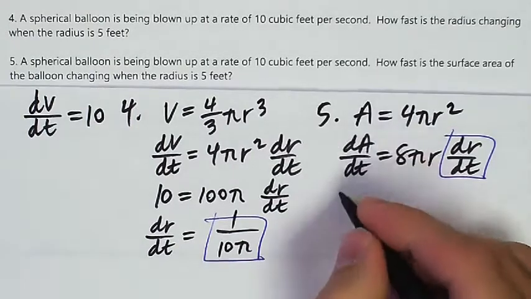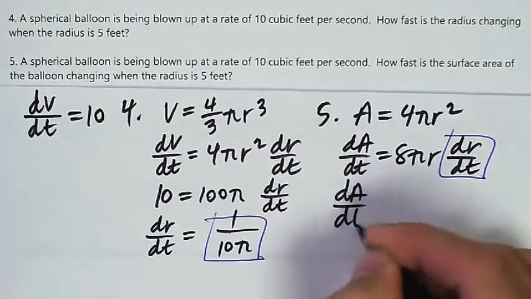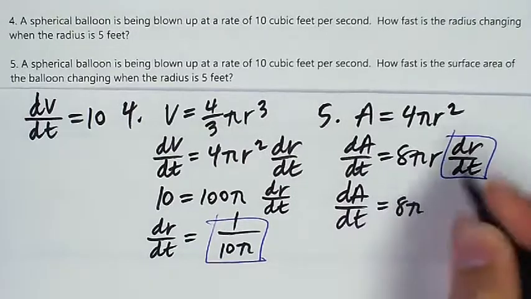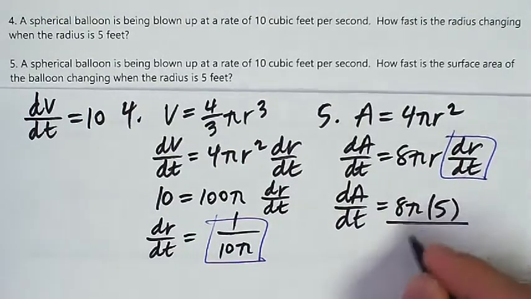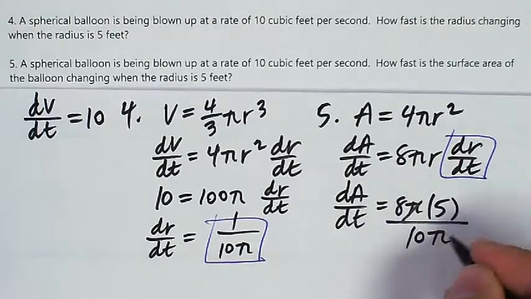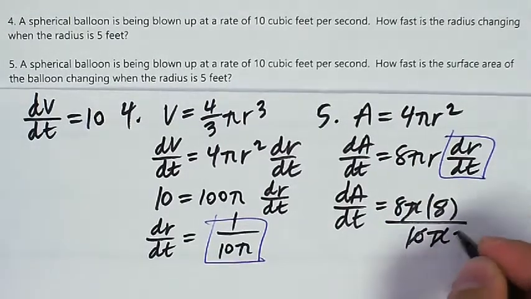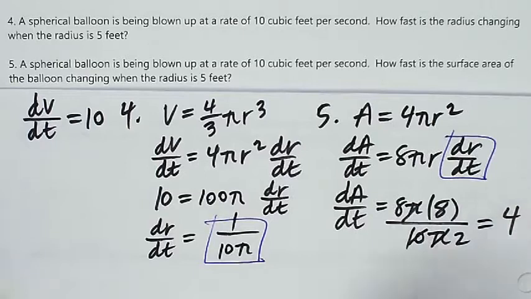And so dA/dt is 8 times pi times radius 5, and dr/dt is 1 over 10 pi. So I feel like that's going to be equal to 4 square feet per second, because it's a measure of area.